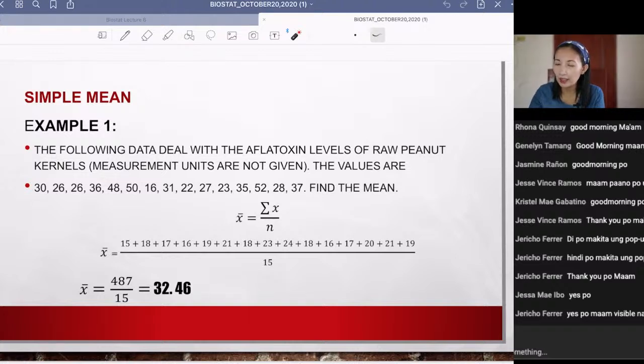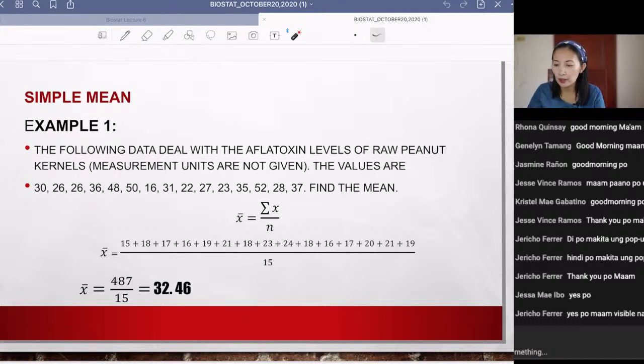Example number one: the following data gives the aflatoxin levels of raw peanut kernels. The measurement, however, is not specified, and the values are as follows: 30, 26, 26, and so on.